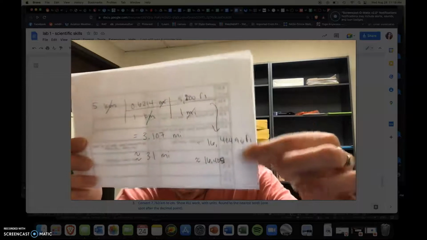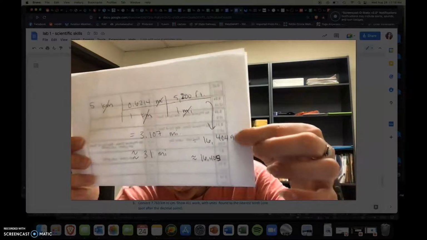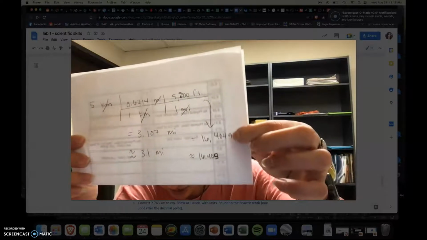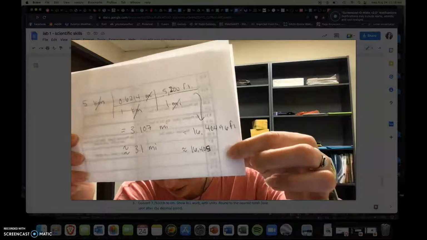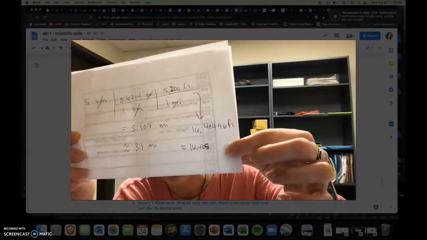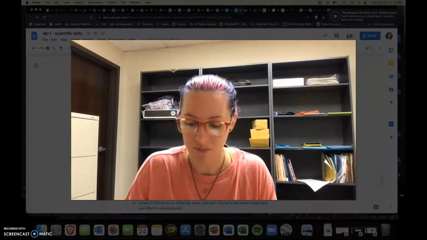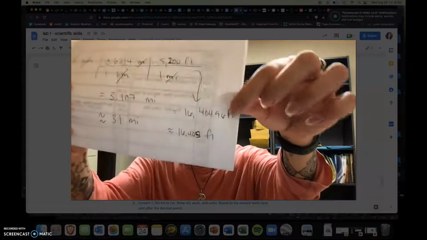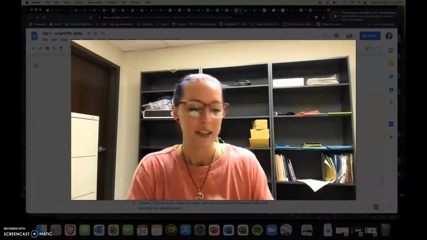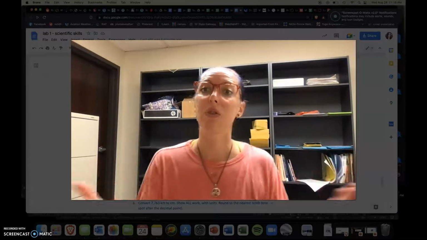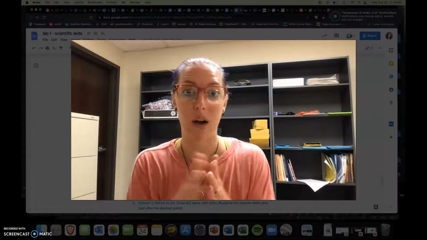Because if we round, remembering our rounding, we round the 6 up to a 9, well, then that 9 turns to a 10, and so we would be rounding to 16,405 feet. Oh, always include your units. Units are super, super important, right? So those are just some examples of how you could go through and do conversions.